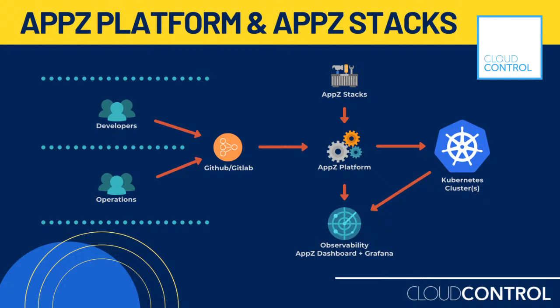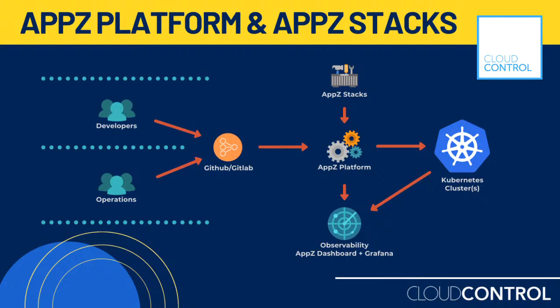So all you will be doing is cloning a sample repository. We have a public repository from the eCloud Control GitHub repo, three repositories, and as you make some changes and set up a webhook, it will pick up the changes and hand them over to the AppZ platform.